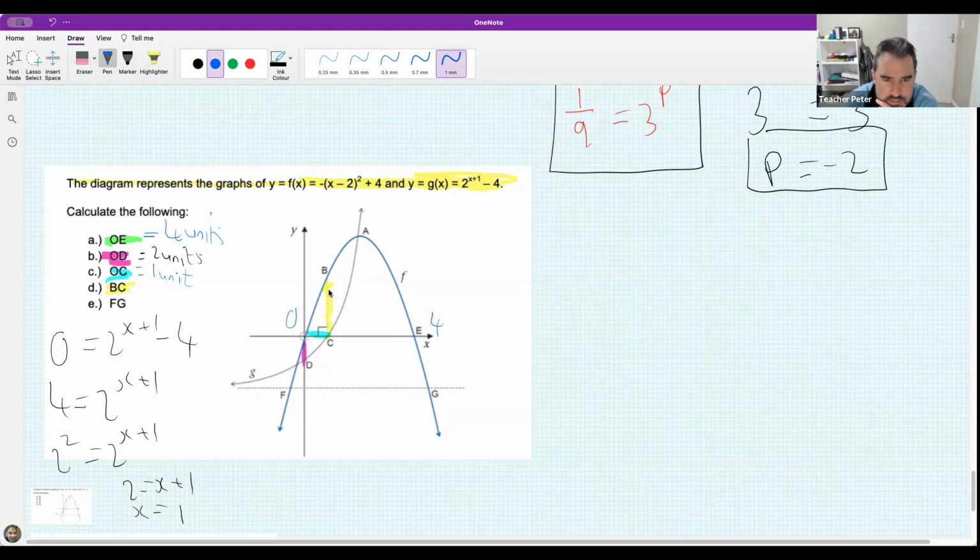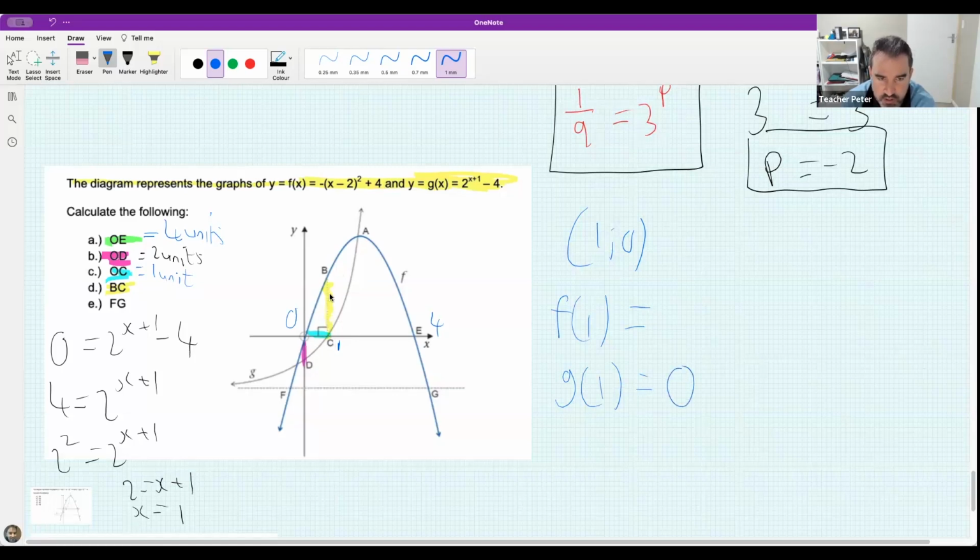And what about BC? Okay. Well, if you know that that is 1, so you just worked out that C is the point 1, 0. You can use that to help you find what BC is. So what you really want is the f of 1 minus the g of 1, but you know that the g of 1 is actually just 0 because you can see it.